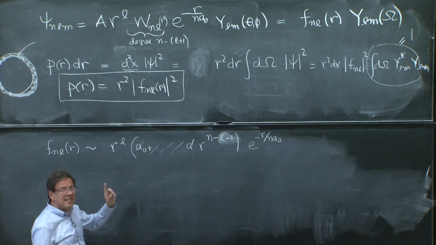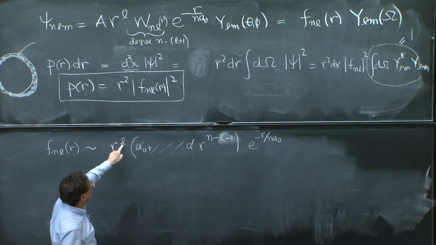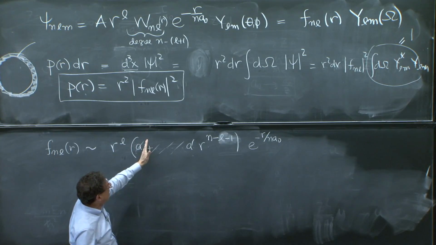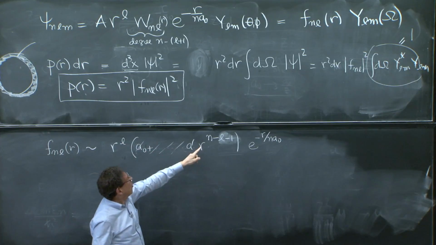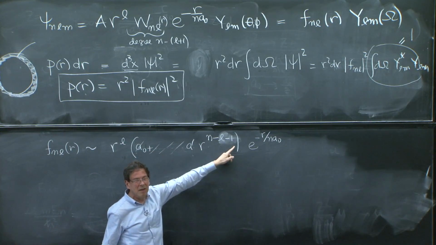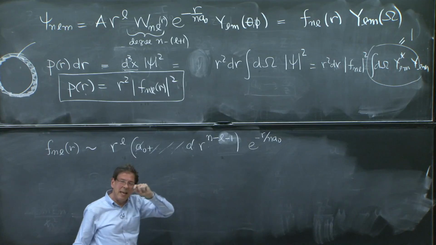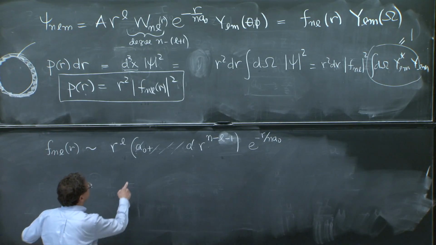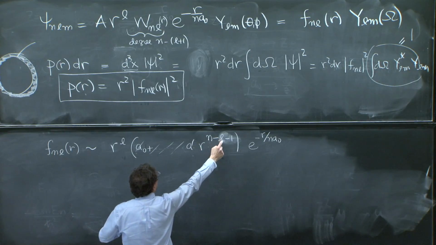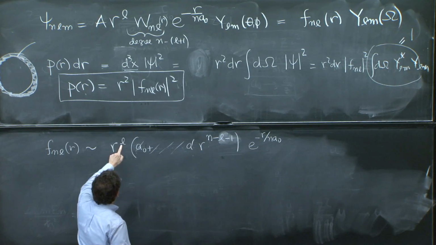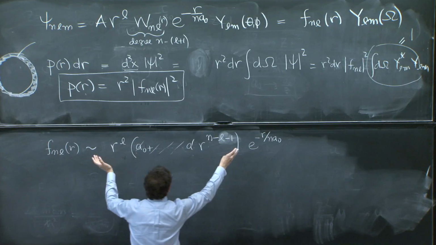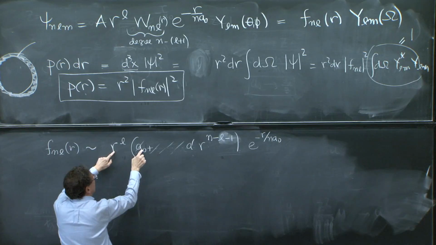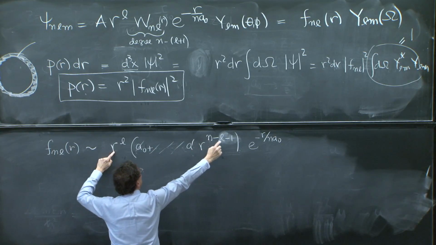And here you see a nice thing. Actually, r to the L times this polynomial is a polynomial that begins with r to the L and finishes with r to the n minus 1. The last term in the polynomial, when you multiply it in, begins like r to the L, and the last term is r to the n minus 1.